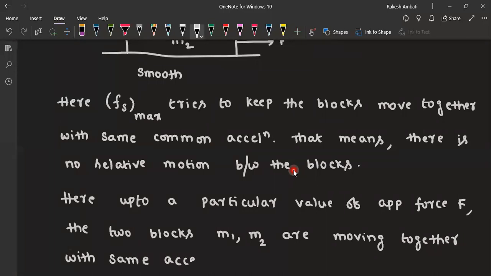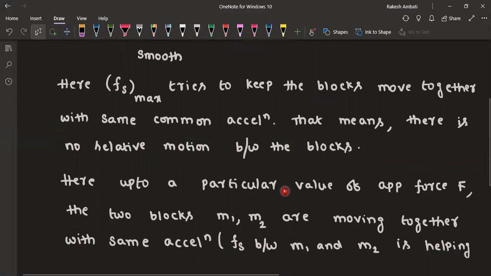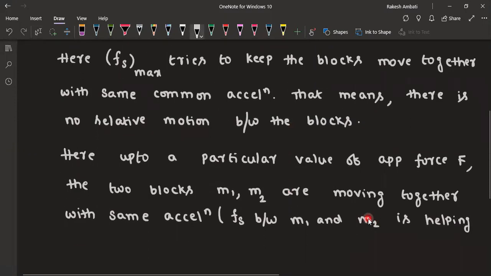But who is helping them to move with the same acceleration? Fs. Correct. In brackets, Fs between M1 and M2 is helping them to move with the same acceleration.